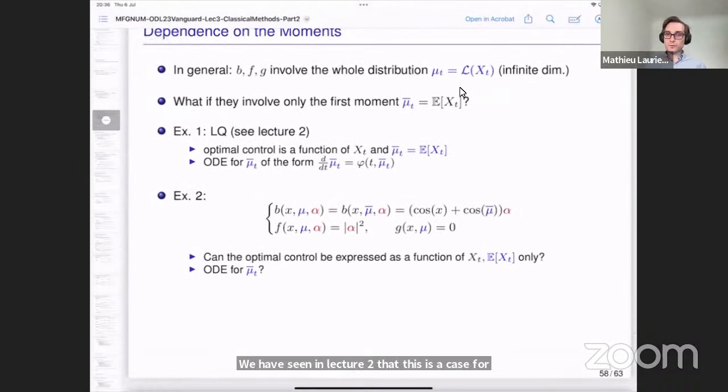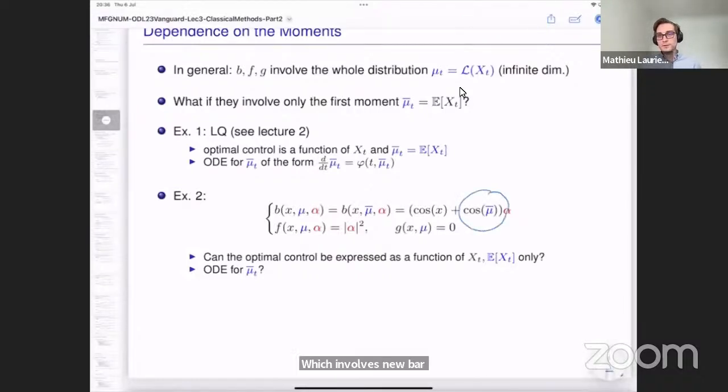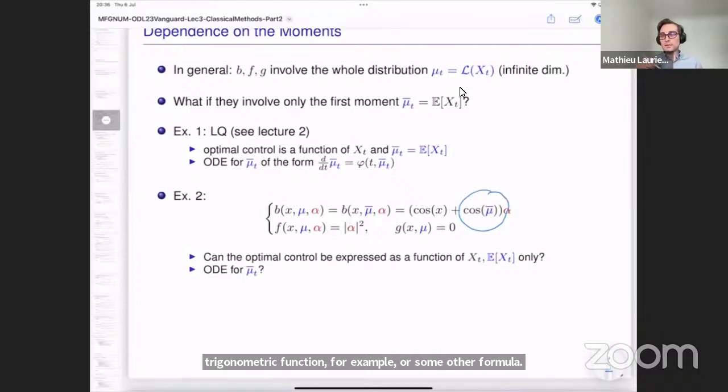But if you take a different problem, imagine a drift which involves mu bar, so the mean, through some trigonometric function, for example, or some other formula. It is true that each player interacts with the distribution only through the first moment. So in principle, you need only the first moment.